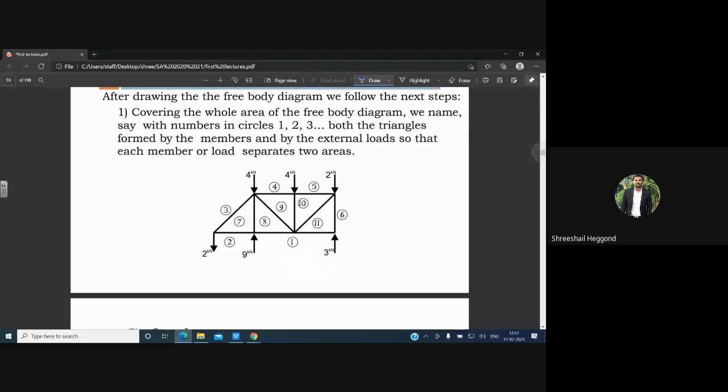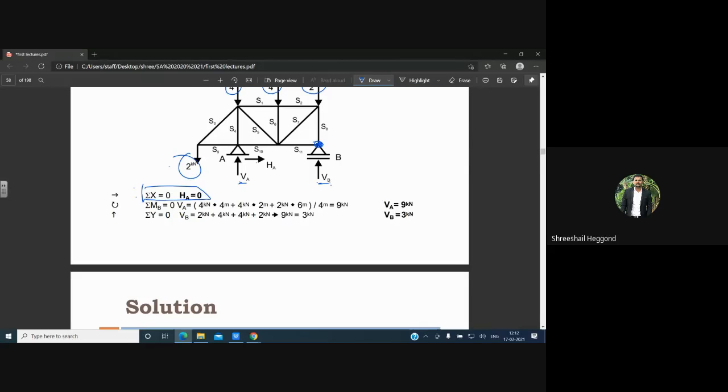Multiplying those and writing the moment equation about B, you can write 2 into 0 distance, there will be no reaction, 4 into 2 meter, 4 into 4 meter, VA into 4 meter, and 2 into 6 meter. This is written over here. You can see.